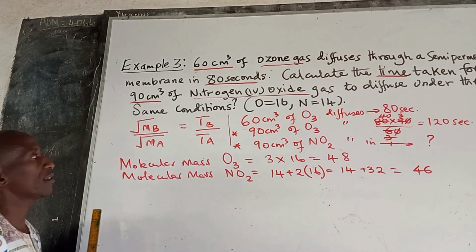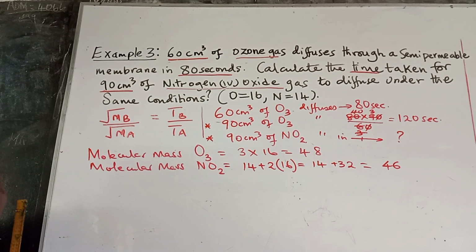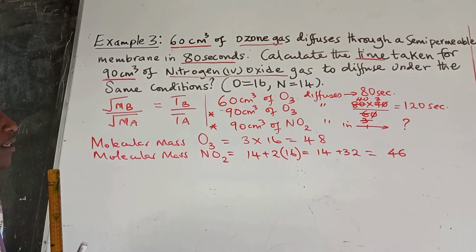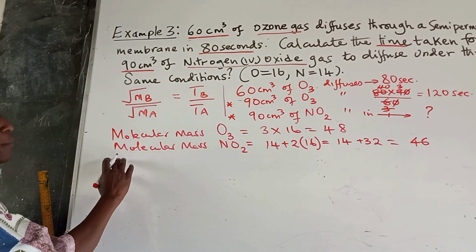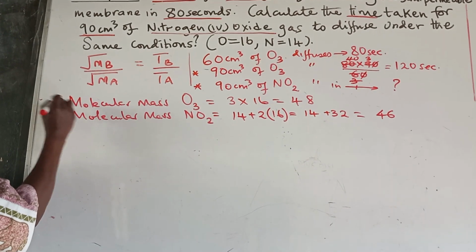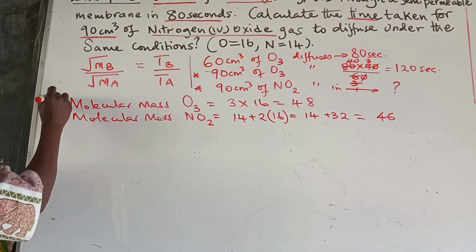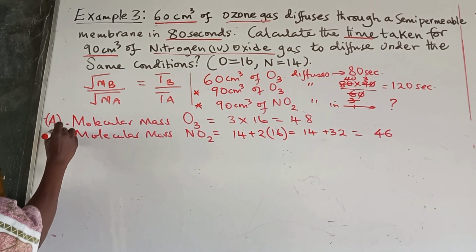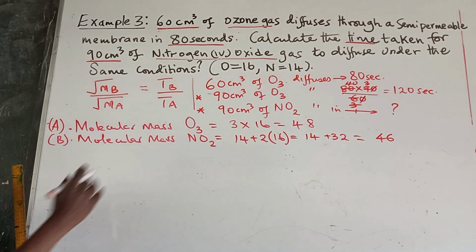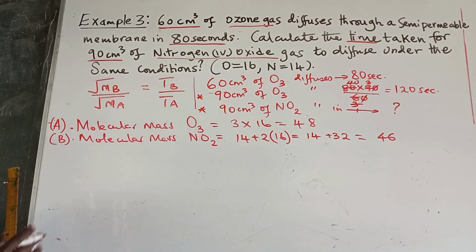Now, what does that mean if we, for instance, take this to be our gas A and this one to be our gas B? What does that give us in the formula?